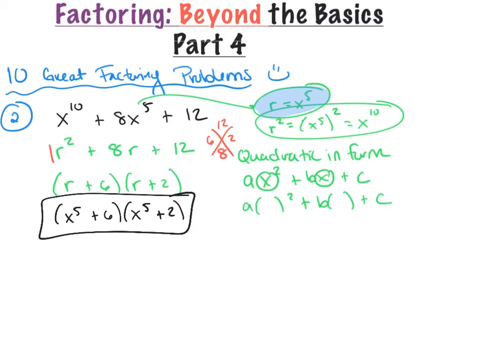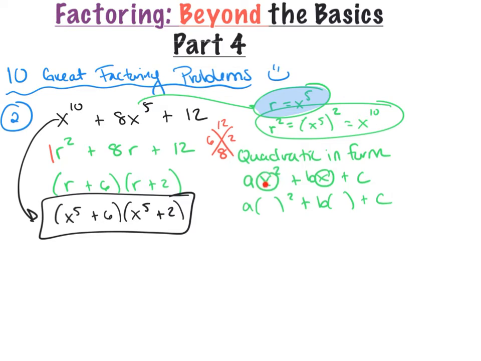Now some of you may find you can skip from here to here and not do that substitution for many of the problems if you notice that the first exponent is double the middle exponent, and then there is a constant only on the third term. So I'll say that again. The first exponent is twice or double the middle exponent, and then there's a constant.